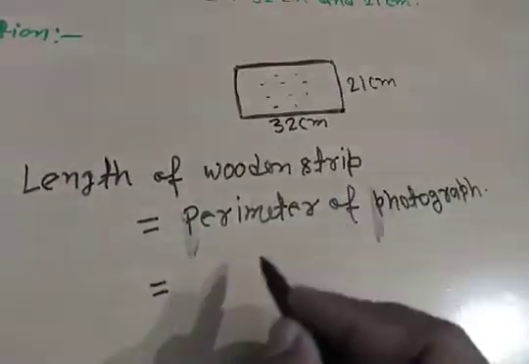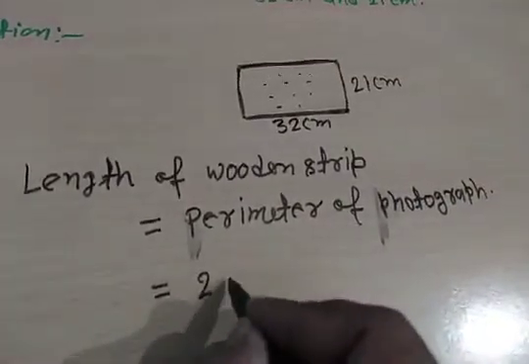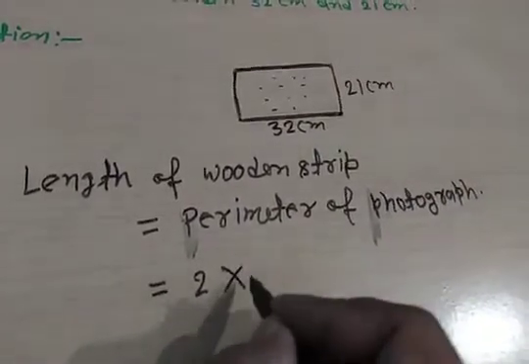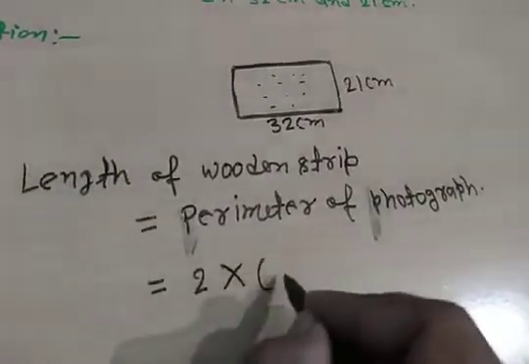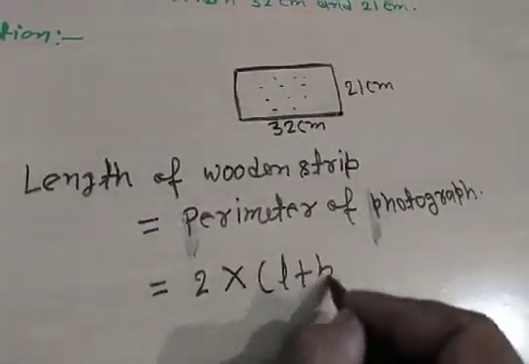This photograph is in the shape of a rectangle, so we use the formula: perimeter of a rectangle is equal to 2 into (L plus B).